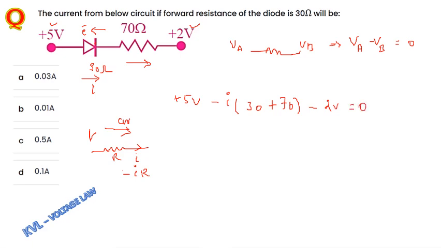So this I into R, according to Ohm's law, is also a potential. 5 minus 2 here is 3 volt, minus 100 I, that will be equal to 0. From this, 100 I will be equal to 3. Then I is equal to 3 divided by 100. What you are going to have here is 0.03 ampere. So the answer in this case is 0.03 ampere.